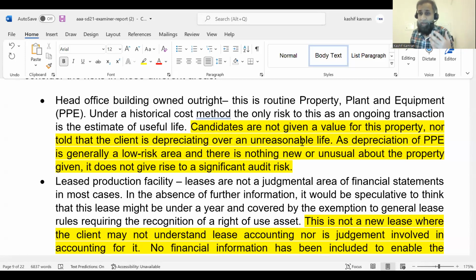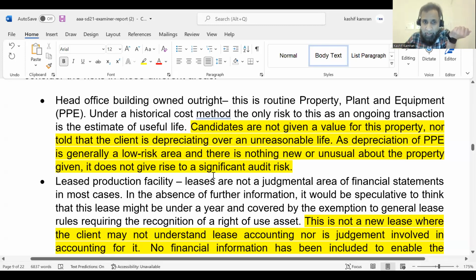A lot of time the risk becomes important even though it does not have a materiality calculation, but it is something complex, something subjective, something non-routine. But for a head office, there was no further information given by the examiner. So it was very likely that a student would waste time writing a risk on the head office when that was not a specific risk to be highlighted.